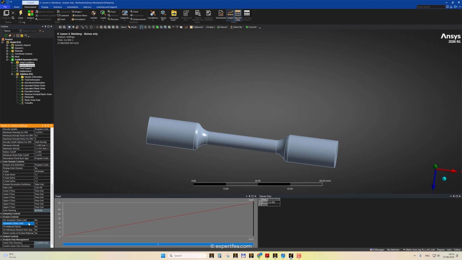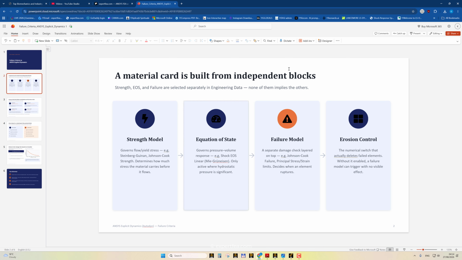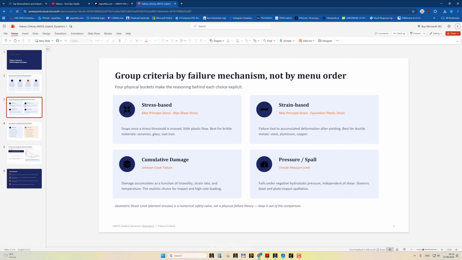But with experience, we know that we can sometimes decrease it when we know that practical tests break the material earlier, let's say. By default the material is left to be broken after 150% strain, let's say. Let's go back to the PowerPoint.